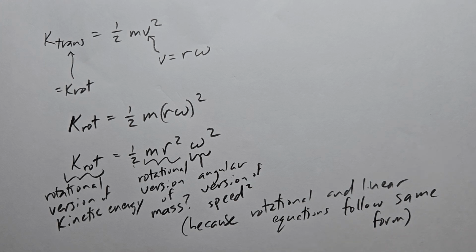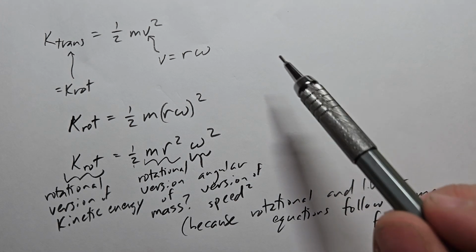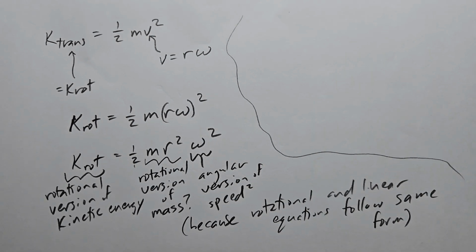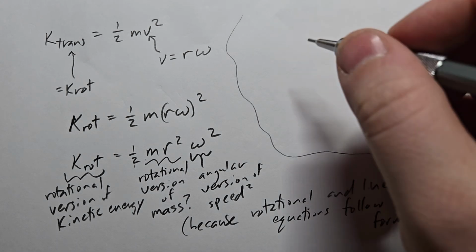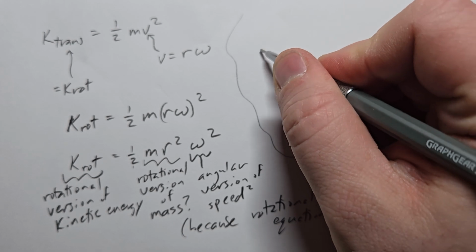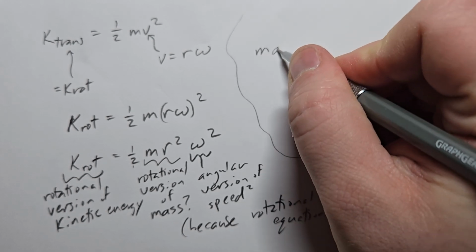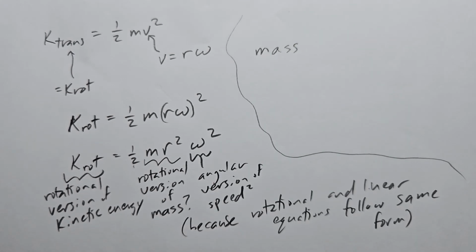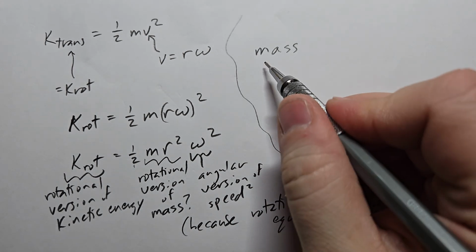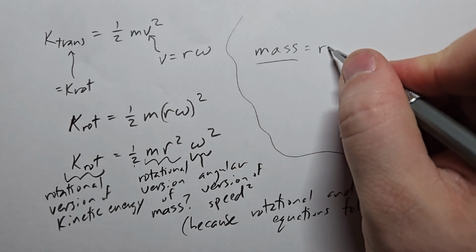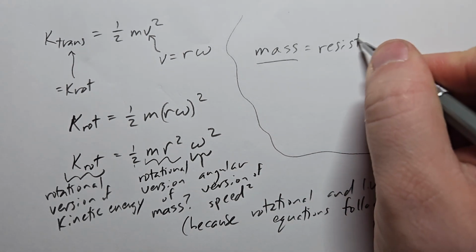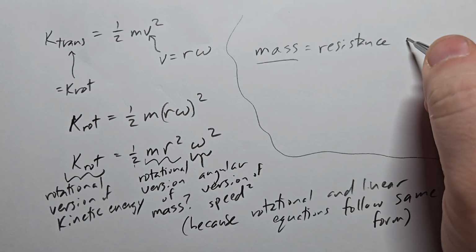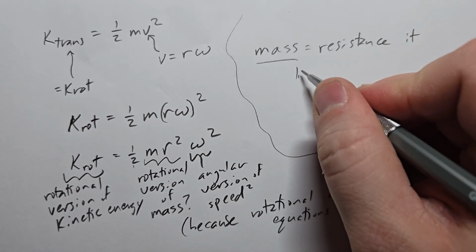So let's think about what mass is in a linear sense so we can understand what the rotational version of mass is. When we think about it in a linear sense, mass is ultimately the thing that is tied to the concept of inertia. The more mass something has, the more resistance it has to linear acceleration.